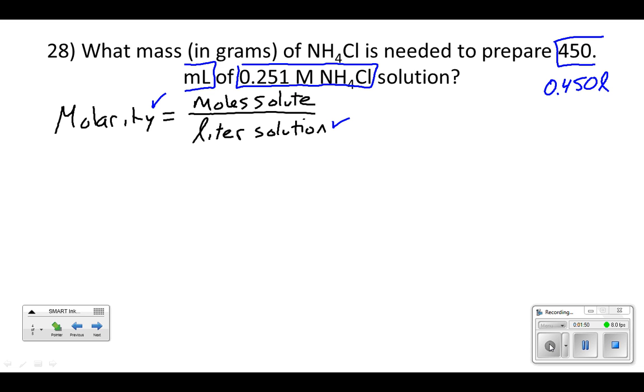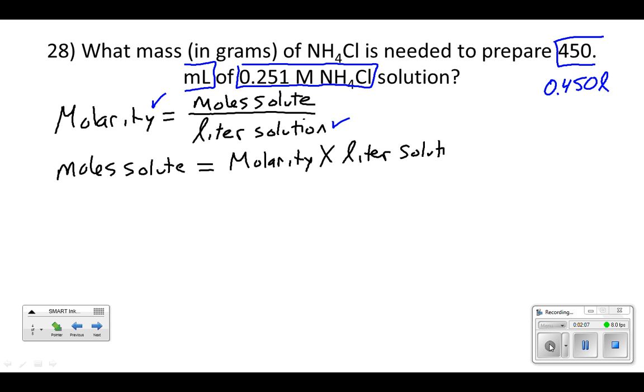So if we rearrange this equation, moles of solute, we will get by taking the molarity times the liters of solution. All right, so those numbers directly from the problem are 0.251.